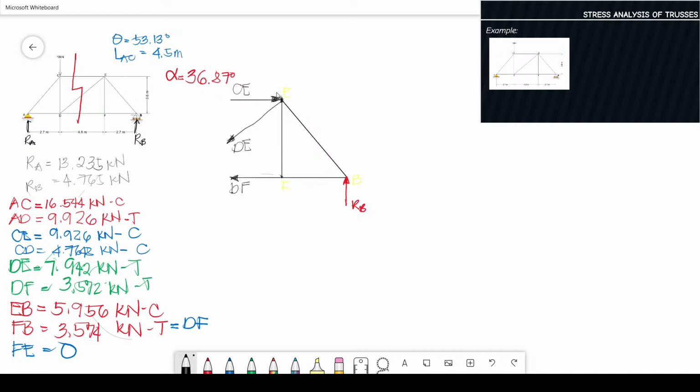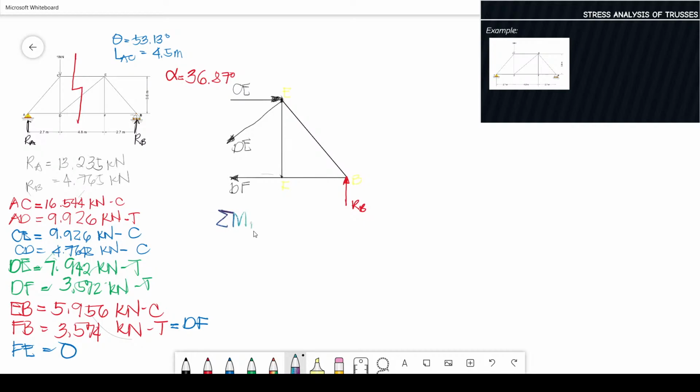So they have no moment, and the only moment arm remaining is DF. So it is much better to take moments at point E. Clear about E? Okay. So, let's start.